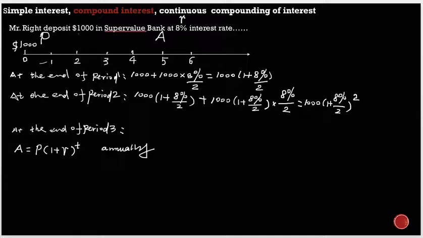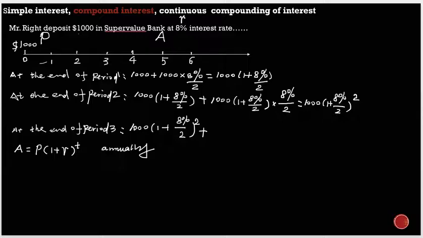The same principle: the new principal is this amount, plus the third period interest. How to calculate it?